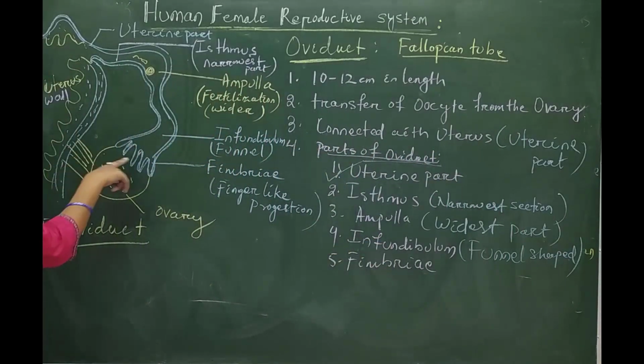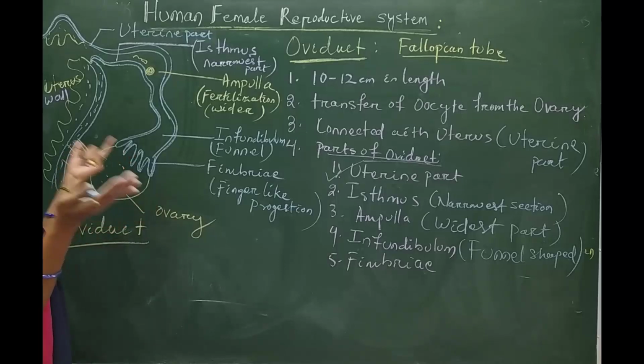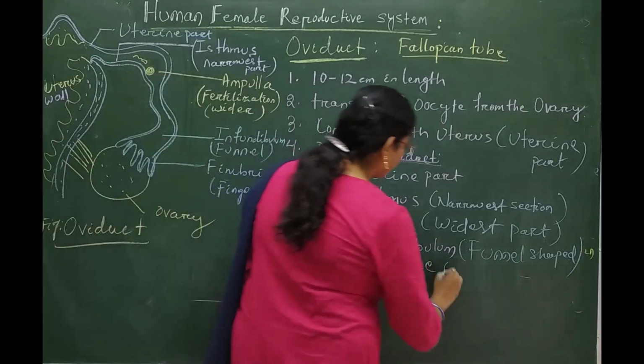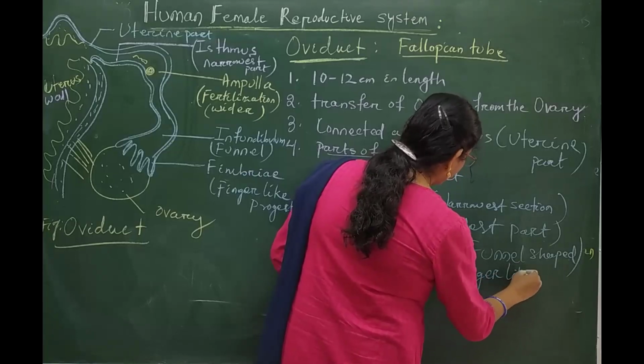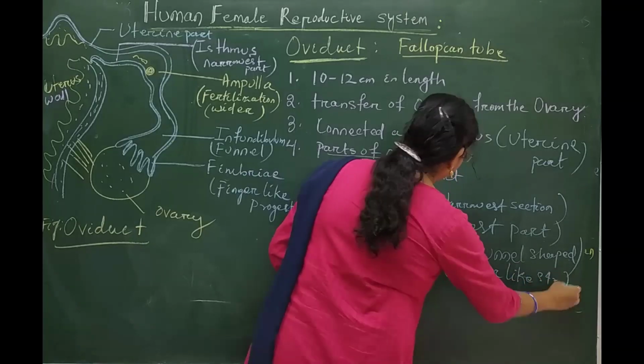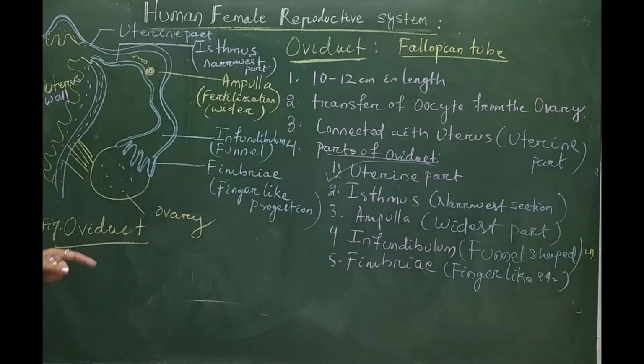After the infundibulum, it projects into a finger-like structure that is called fimbriae. So, fimbriae is also asked as the finger-like structure. Structurally, the oviduct consists of all these 5 different parts.